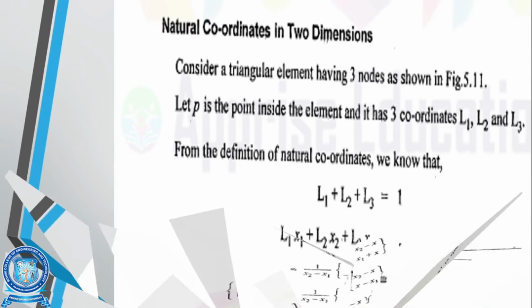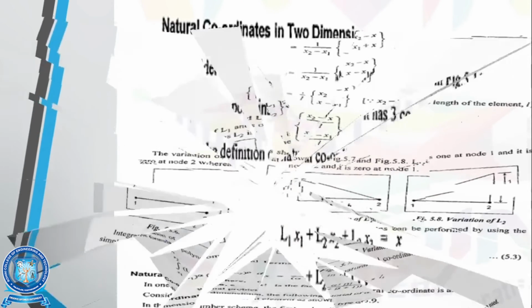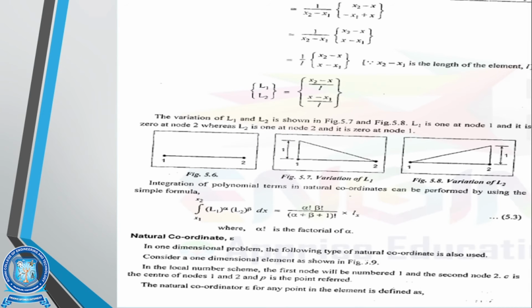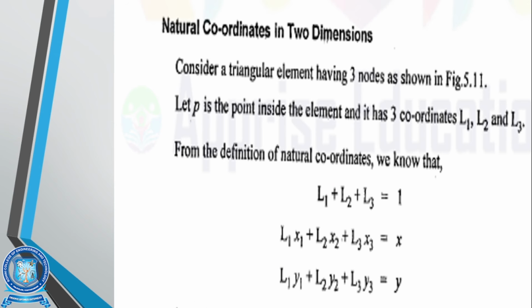In the local numbering scheme, the first node will be numbered as 1 and the second node will be numbered as 2. C is the center of nodes 1 and 2 and P is the point referred to. So the natural coordinate epsilon for any point in the element is defined as follows.